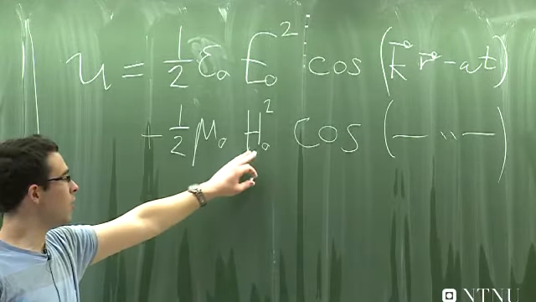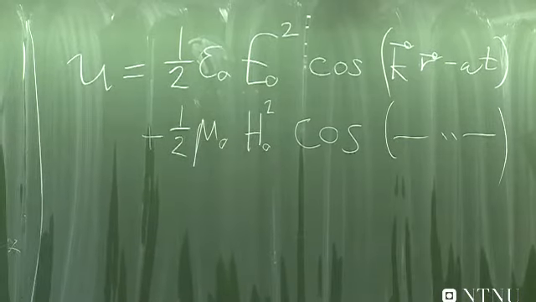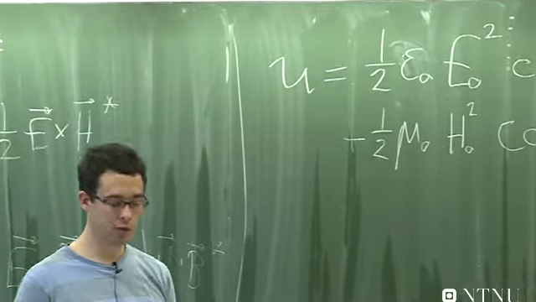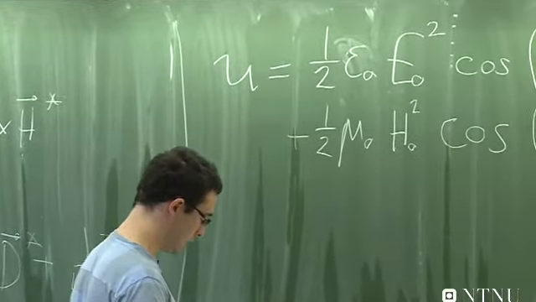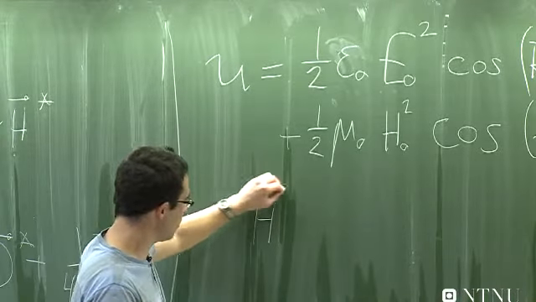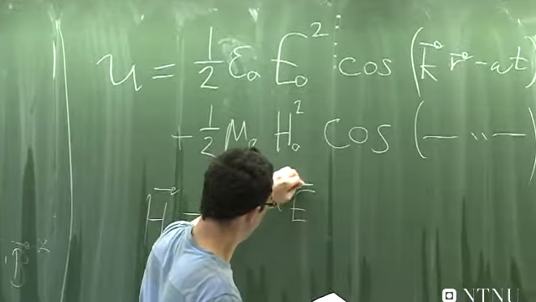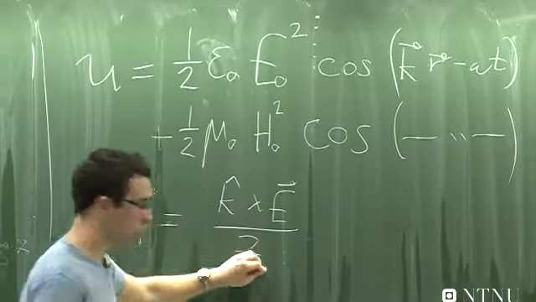And a cosine of the same factors. But we know now that H0 is proportional to E0 because of the Maxwell equation coupling the electric and the magnetic field. And this will give us that, well, I use that H is equal to K cross E over the vacuum impedance.